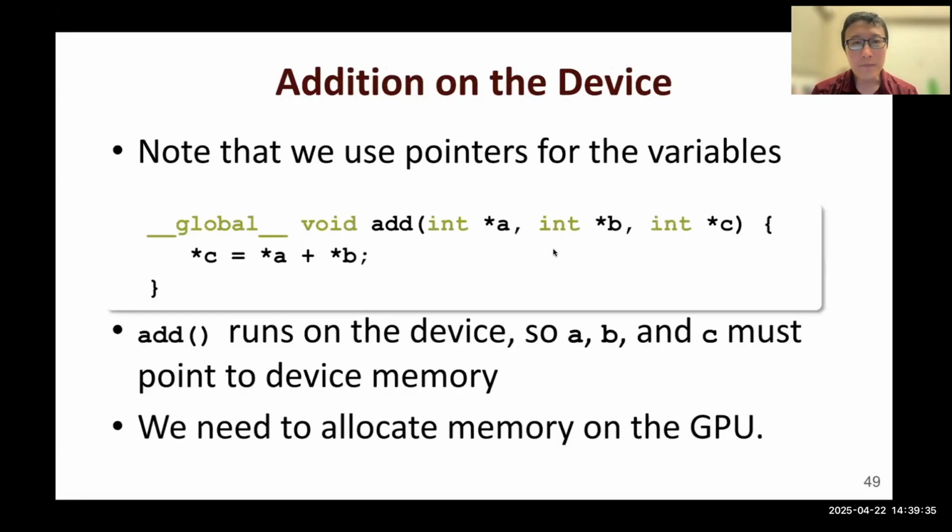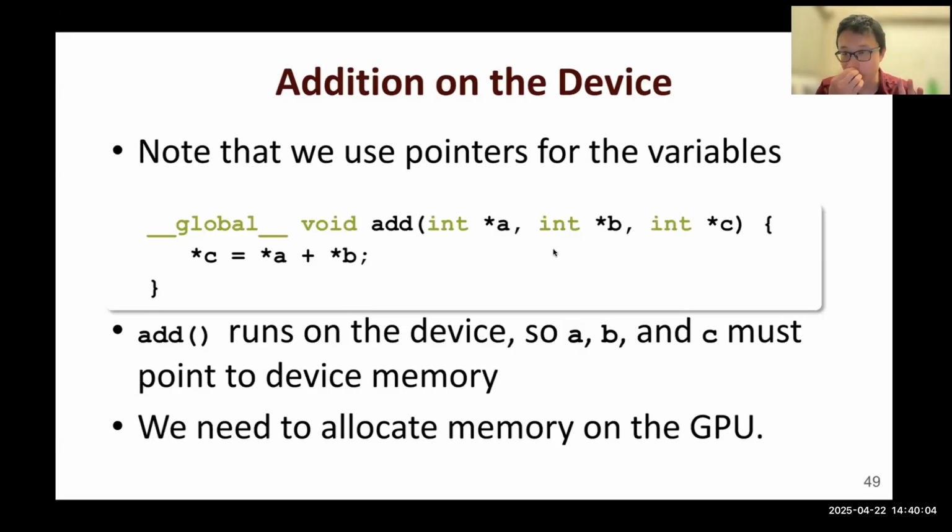So we use pointers for the variables, and when you try to do this addition on the GPU, these pointers A, B, C should be pointing to the GPU device memory, not the CPU. Only by doing that can the GPU CUDA cores or threads or hardware grab the data from the GPU memory. It doesn't see anything from your CPU memory, at least for now.